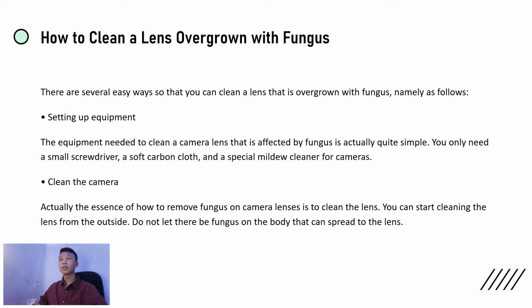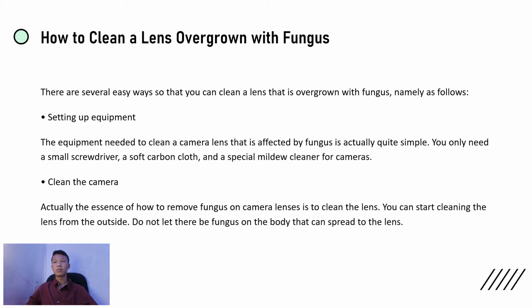How to clean a lens overgrown with fungus? There are several easy ways to clean a lens that is overgrown with fungus, namely as follows. 1. Prepare the equipment. The equipment needed to clean a camera lens that is affected by fungus is actually quite simple.